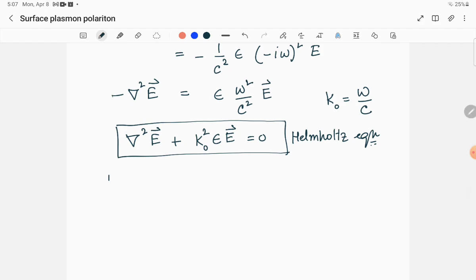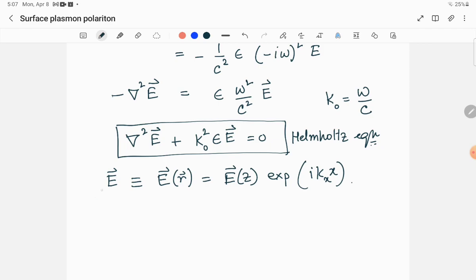So what we will do is this E that we have mentioned in this relation, we will substitute by E, the spatial part of it, which is nothing but the Ez that we talked of, exponential i kxx, and the Laplacian, the del square E, is given by double derivative with respect to x and z. And please note that we don't have a y dependence, that is what we have told in the first place.